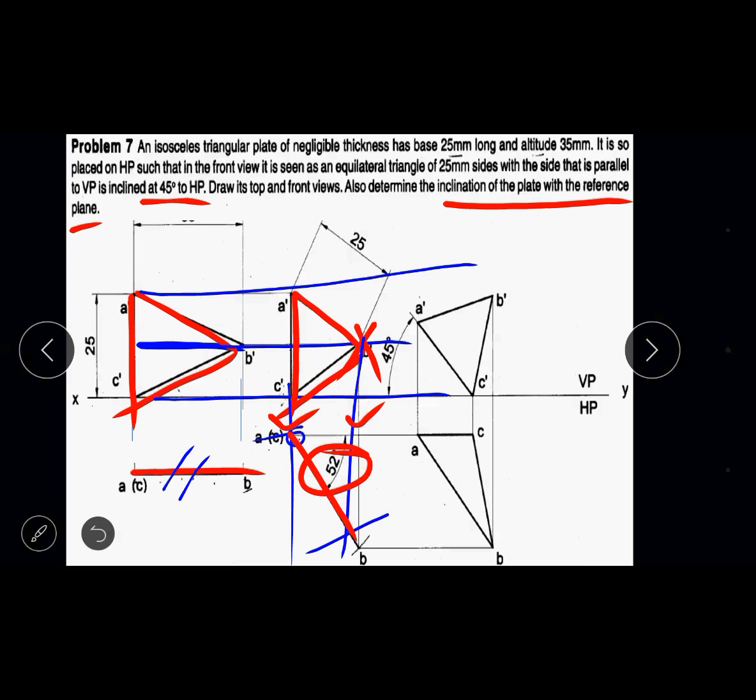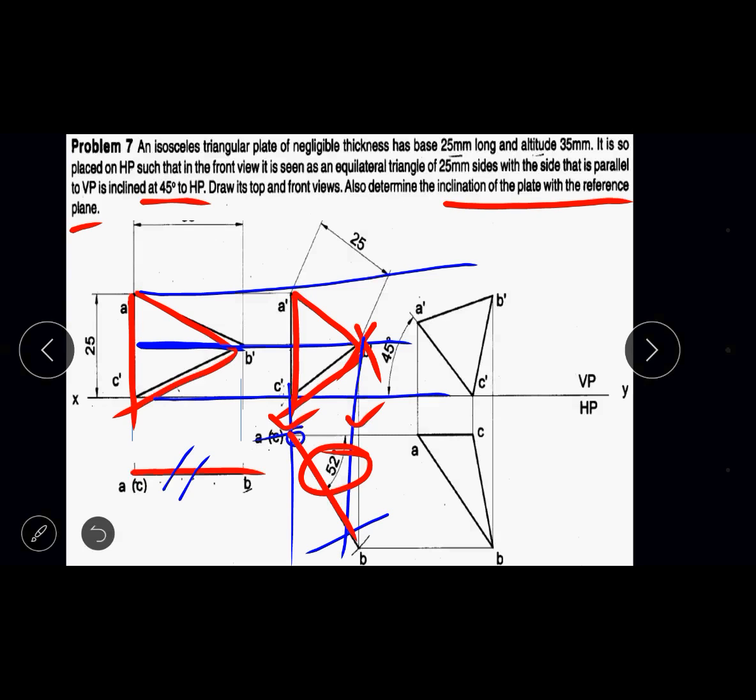So here, instead of 52 degrees being given, the condition is given that the front view is in the form of an equilateral triangle. So with the help of the front view, by constructing the equilateral triangle, we can find out the VP angle, and it is found to be 52 degrees with reference to the vertical plane.